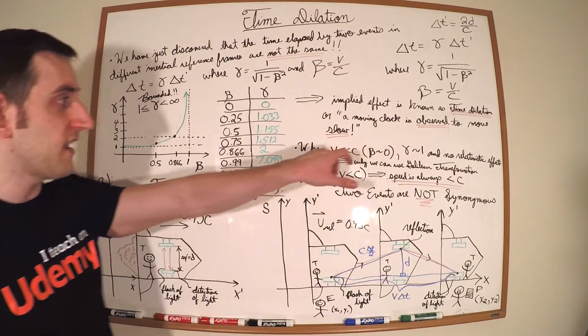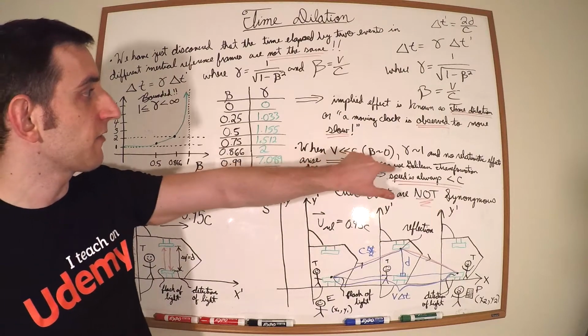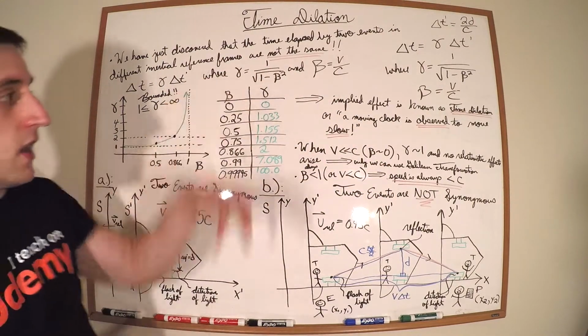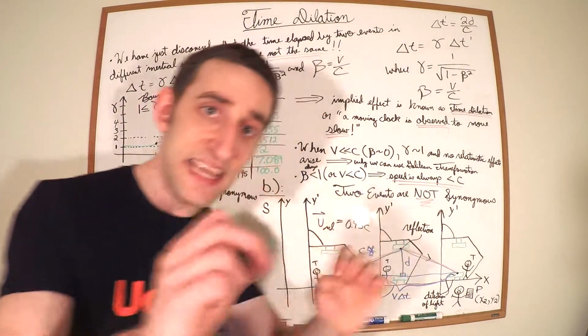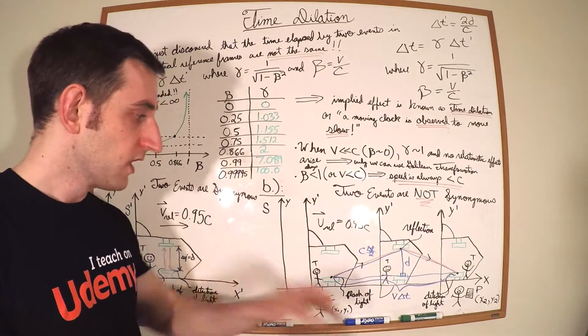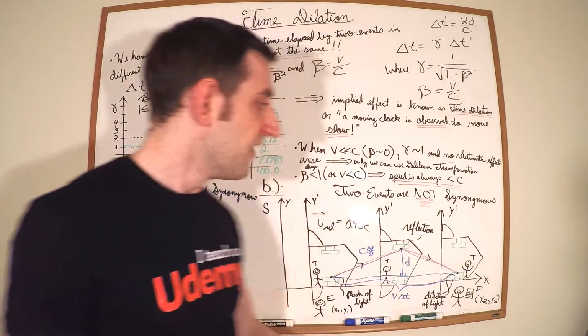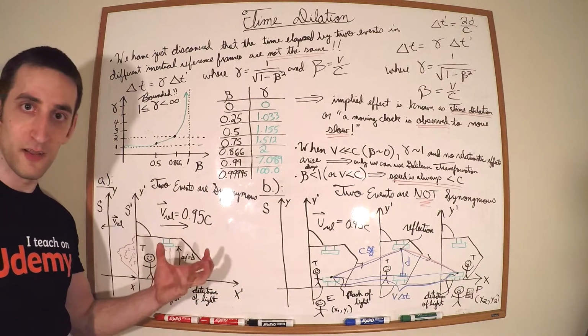And that's why I say here, when V is much less than C, beta is approximately 0, and gamma is about equal to 1, right? We don't get relativistic effects. That's why the Galilean transformation, when Philip and Terence did their experiment, that's why their observations, their time lined up.